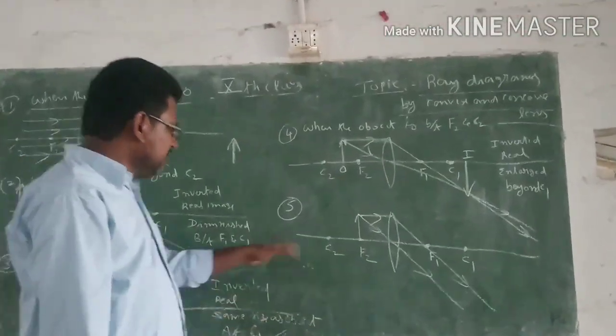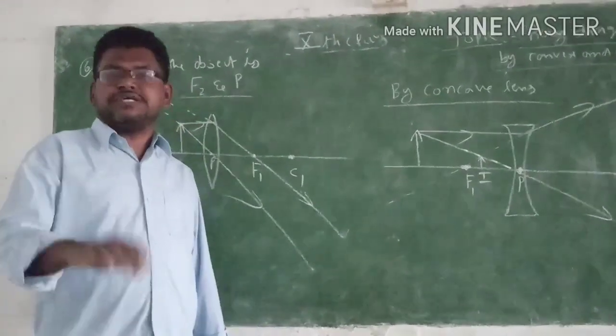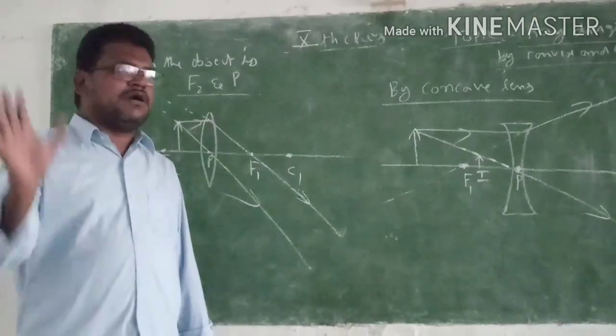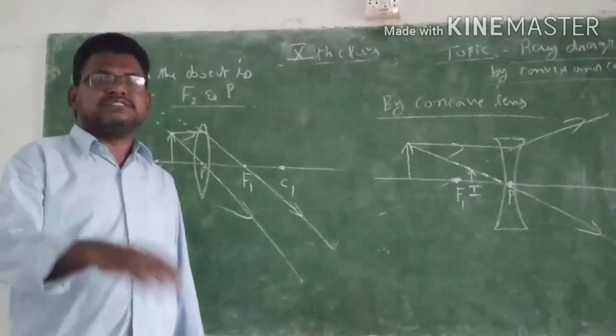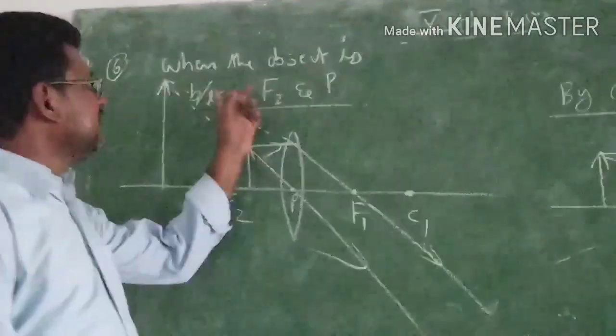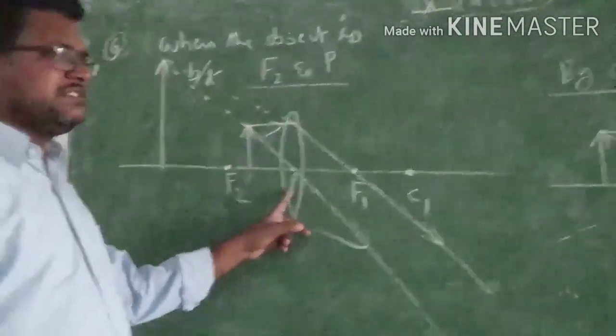Now let's see the next case. In the previous 5 cases we have seen the formation of an image by a convex lens. In all those 5 cases, the image is a real image. Now let's see when the object is between focus and optic center.